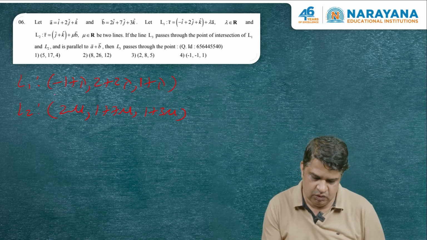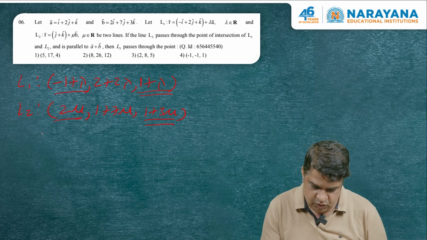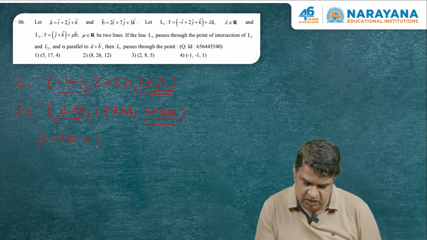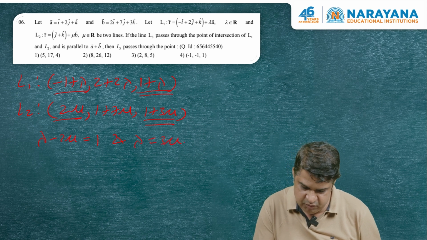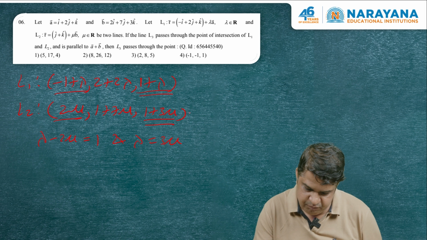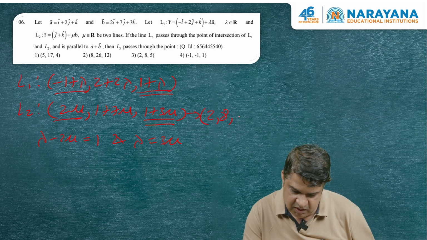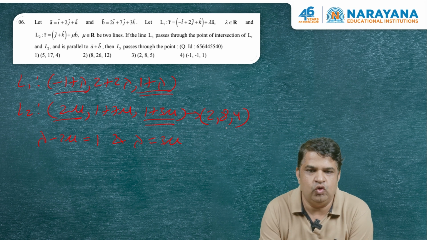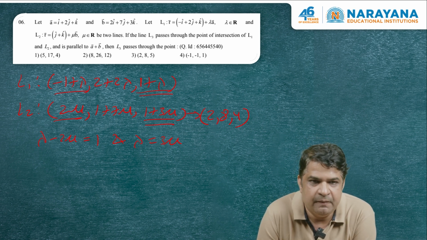If I equate this 2 and this 2, lambda minus 2 mu is equal to 1 and lambda is equal to 3 mu. So from here we get mu equal to 1, and then this point will become 2 comma 8 comma 4. So, 2 comma 8 comma 4 is the point of intersection.